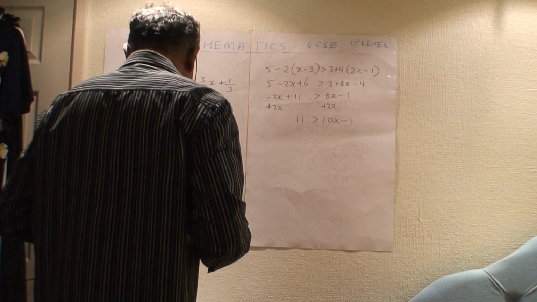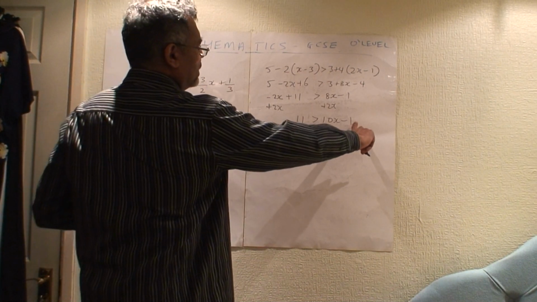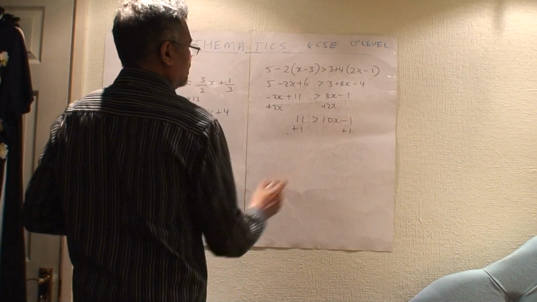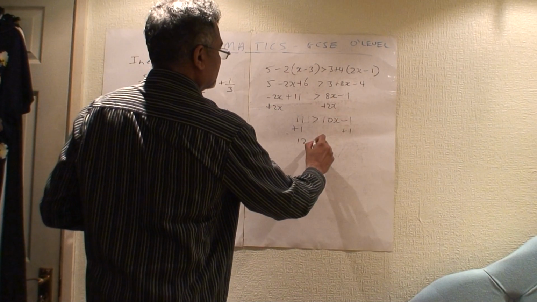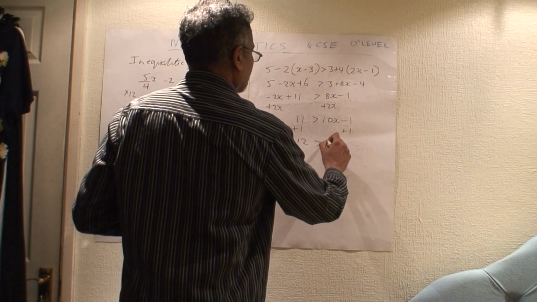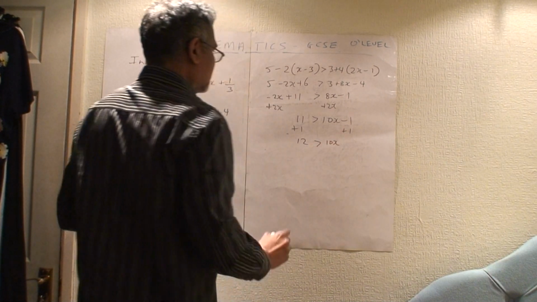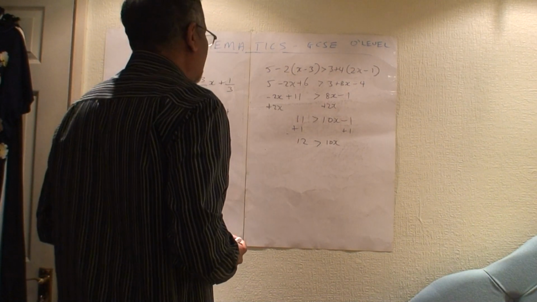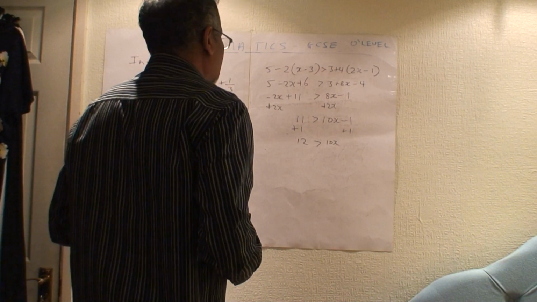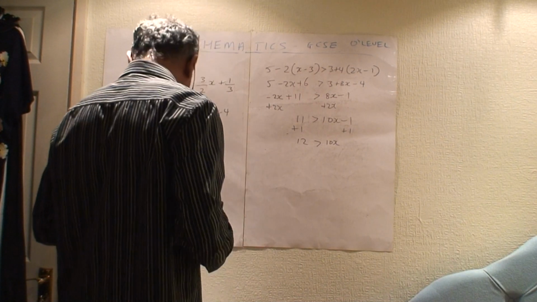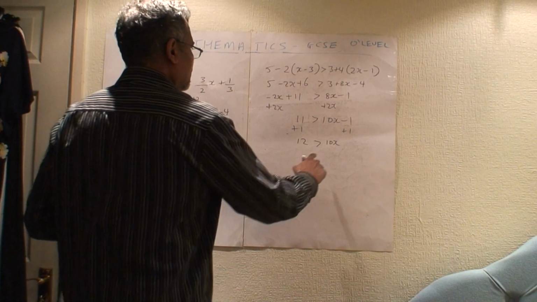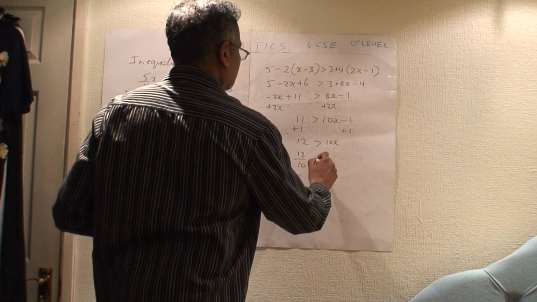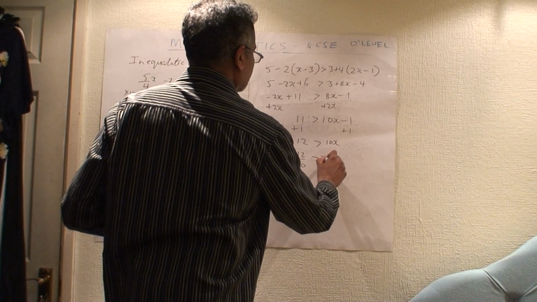We plus 1 on both sides to get rid of this one here. So that's 12 is greater than 10x. To find the value of x, we divide both sides by 10, so that's 12 over 10 is greater than x.